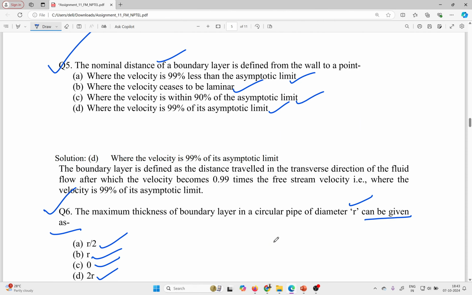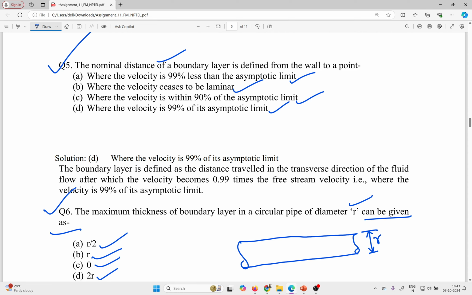So we are talking here about the maximum boundary layer thickness in a circular pipe. If I draw a circular pipe, let us suppose the diameter of this pipe is R. Diameter is R, not radius.